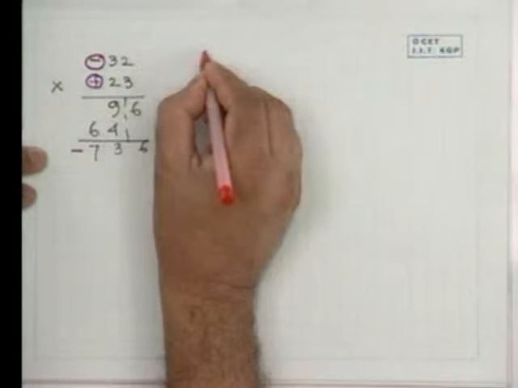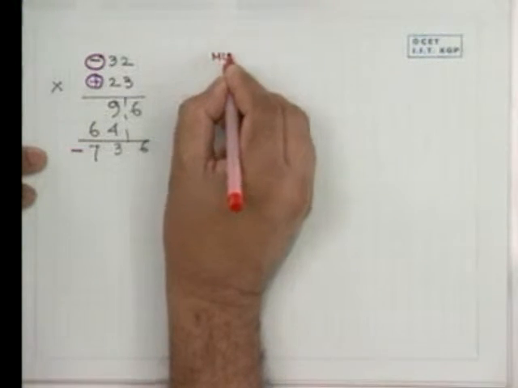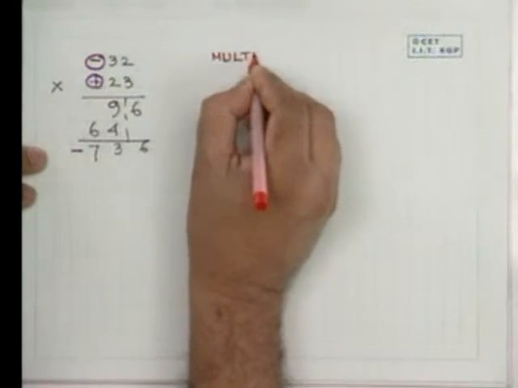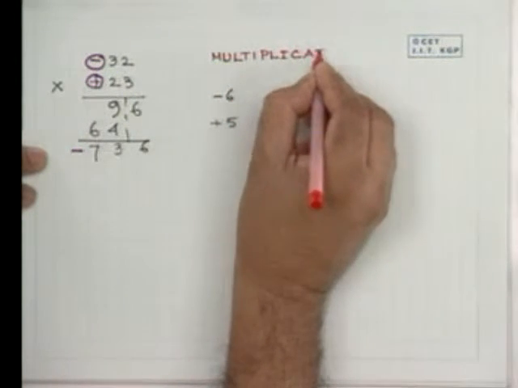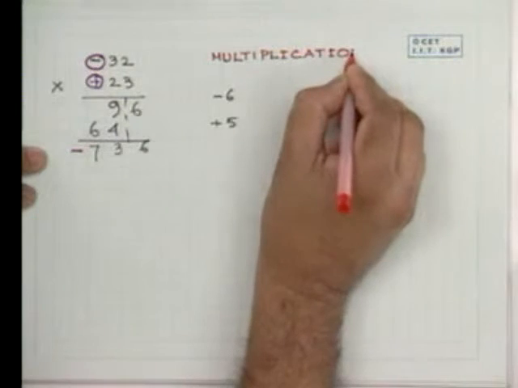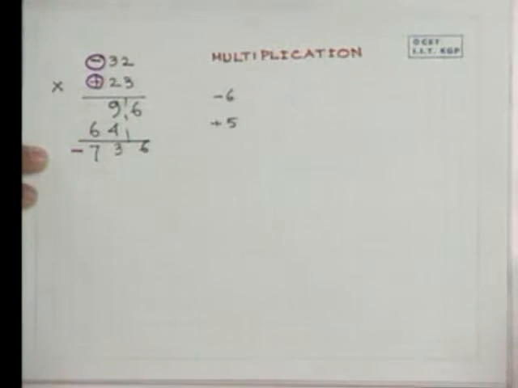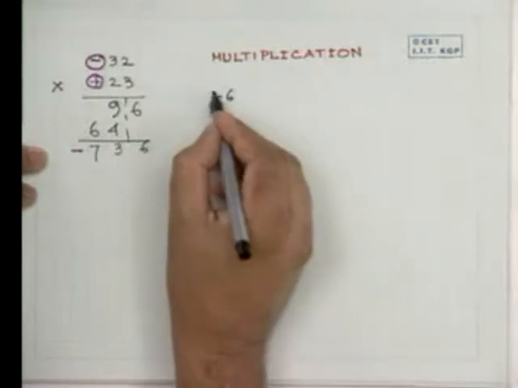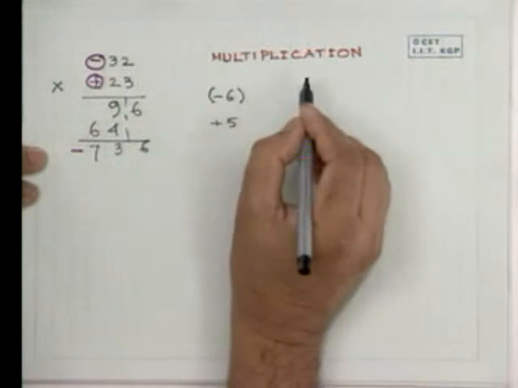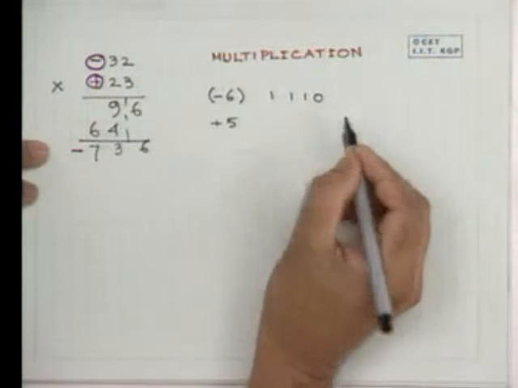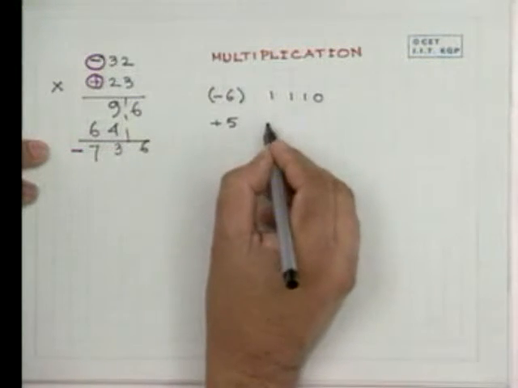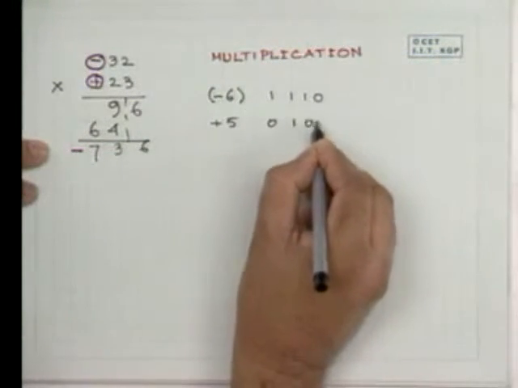What we are trying to do is binary multiplication. Now, minus 6 will be represented in the sign magnitude form as 1, 1, 1, 0, and plus 5 will be 0, 1, 0, 1.